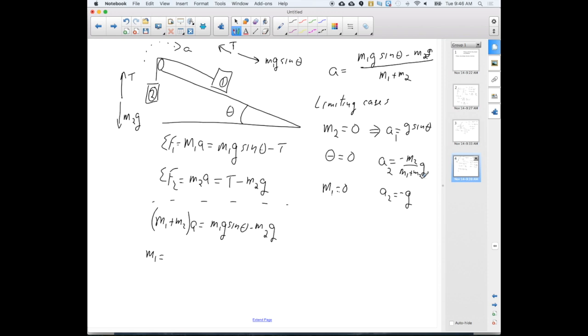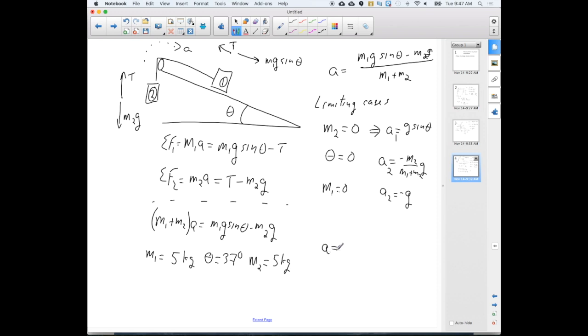And we're actually going to see something a little similar to that. Let's suppose that M1 is 5 kilograms. The angle is 37 degrees, and M2 is 5 kilograms. So M2 is greater than M1. So when we plug this into our equation, we're going to get the following.